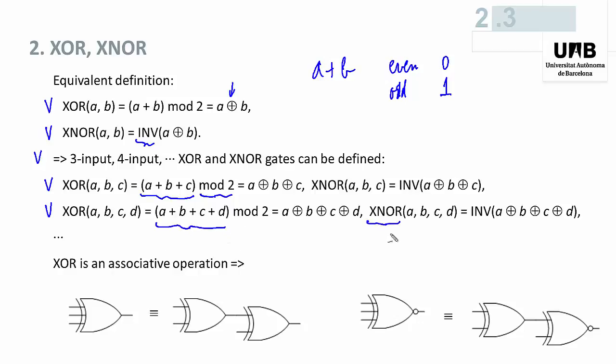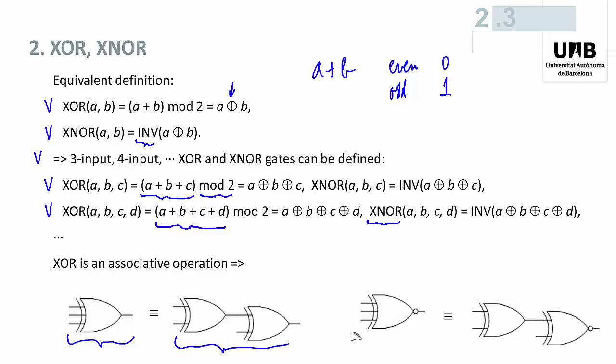The XNOR of A, B, C, and D is the inverse of the XOR function of A, B, C, and D. An important conclusion is that the XOR function is an associative operation, so it's true that you can build a 3-input XOR gate using two 2-input XOR gates.